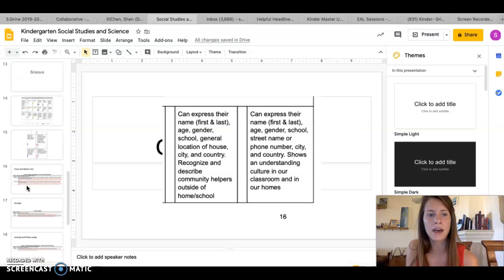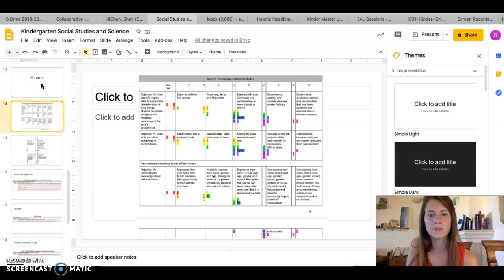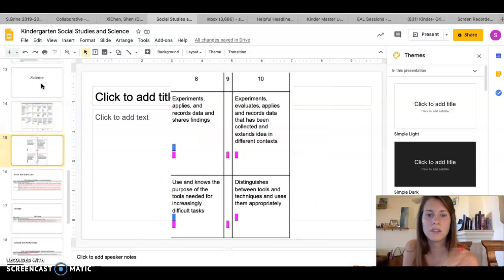And then next we have science, which again is found on the assessment tool here on page 16. And then here's the up close and personal for kindergarten. It says experiments, evaluates, applies, and records data that has been collected and extends ideas in different contexts, distinguishes between tools and techniques, and uses them appropriately.